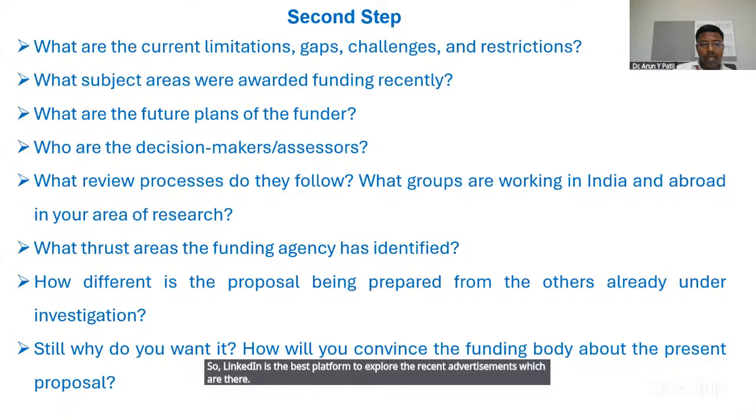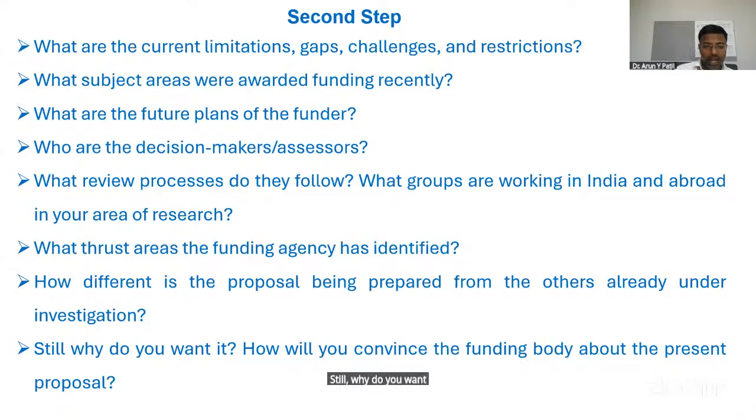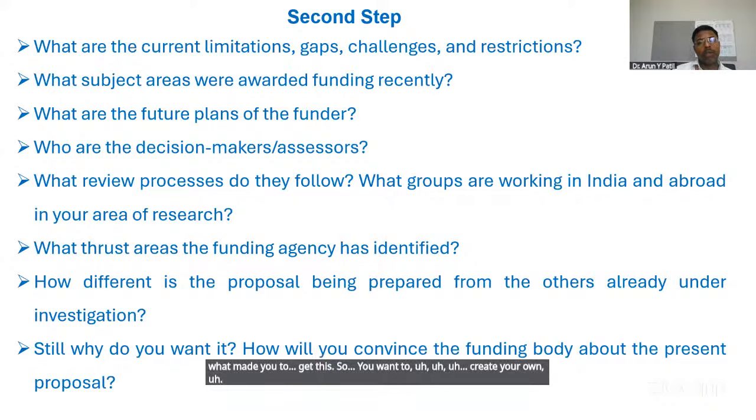Still, why do you want it? At the end of the day, when you are looking for any funding, what made you want this? You want to create your own area, or I can say the passion or interest you want to work on.